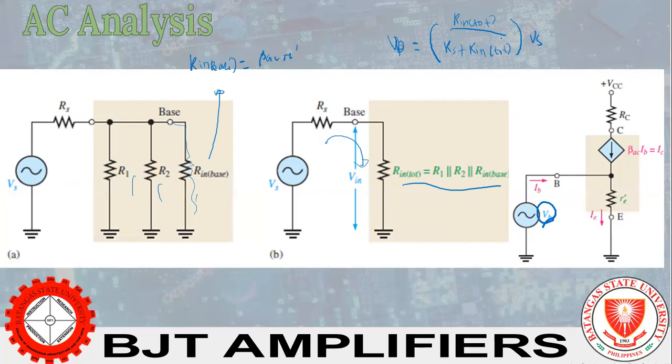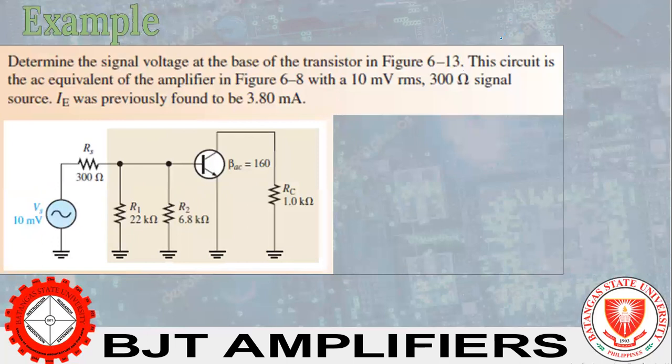So, example tayo. Determine the signal voltage at the base of the transistor. So, in figure below, 6.13, the circuit is the AC equivalent of the amplifier in figure 6.8 with a 10 millivolts RMS source, 300 ohm na RS. So, di ba sabi ko sa inyo, mababa lang yung mga VS, 10 mV lang.